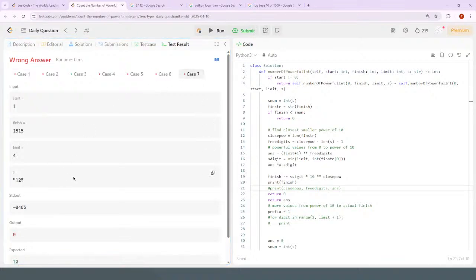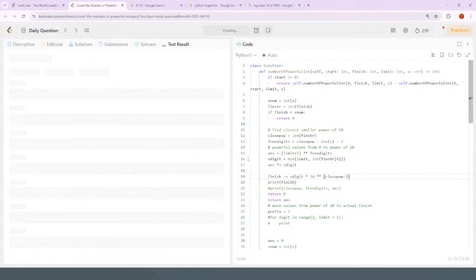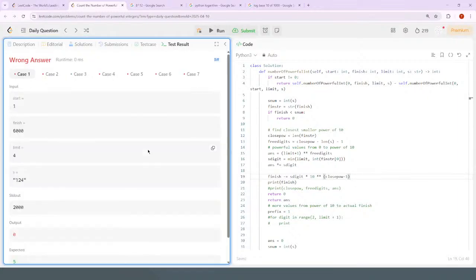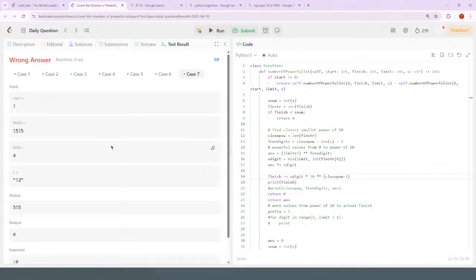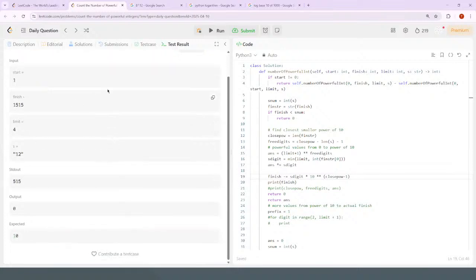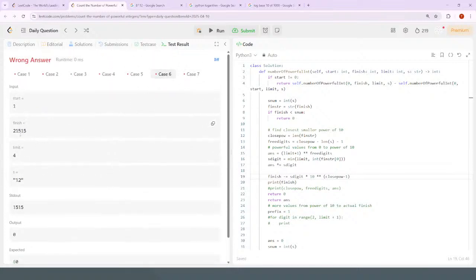Alright, so yeah, I think this is too big. Should be minus close pow minus 1. Yeah, so it's 515, 1500, 15.